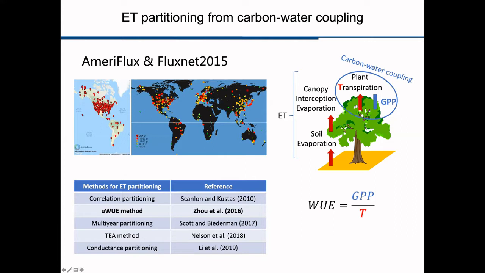The fundamental idea is to partition ET based on the coupling of carbon uptake and water loss through plant stomata, as represented by their ratio, water use efficiency, WUE. Next, I will briefly introduce our uWUE method we proposed in 2016.